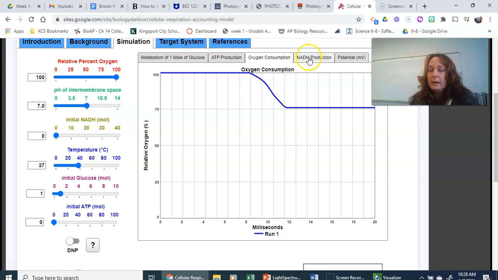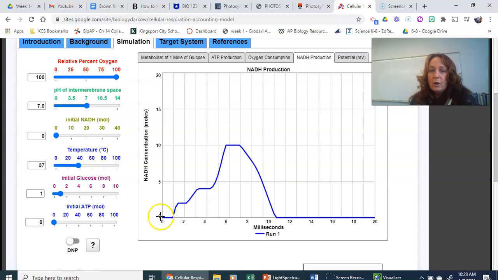So what about electrons? That's what NADH is about. Do you have electrons being created? So initially, you don't have any electrons that are being lost or released from bonds being broken in glucose.